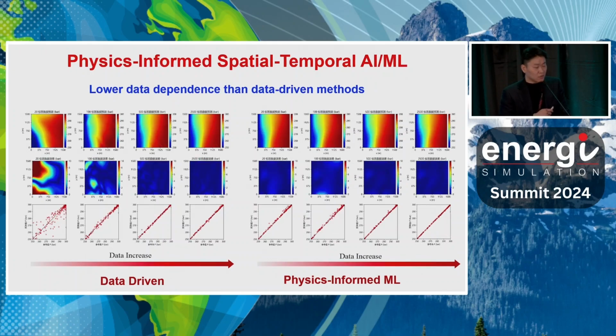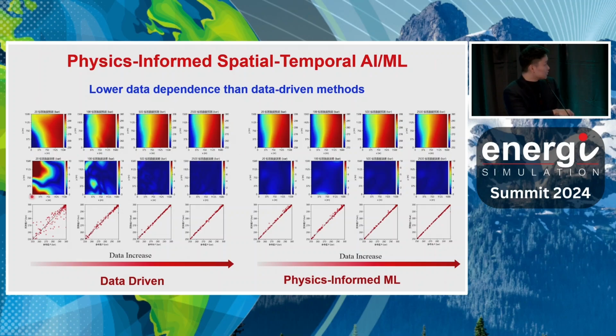And the second one is our model has a lower data dependency. And we also know that data is an invaluable asset right now. But it's the most significant part for the data-driven model. As we can see on the left, with the data number decreases, the data-driven model performance is getting worse.